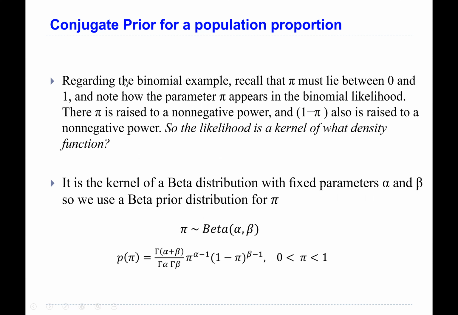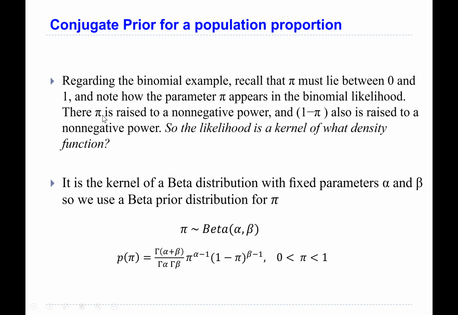So let's think about the conjugate prior for the population proportion again. Regarding the binomial example, recall that pi must lie between 0 and 1. And note how the parameter pi appears in the binomial likelihood.